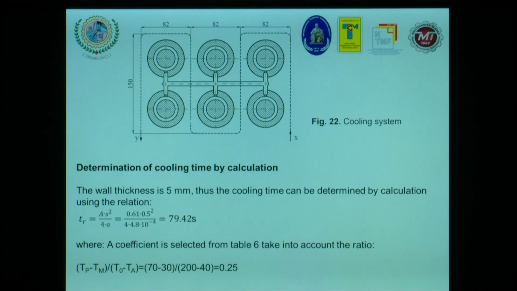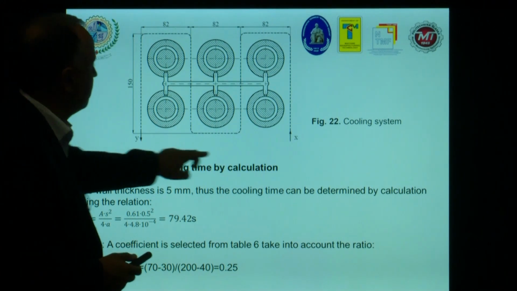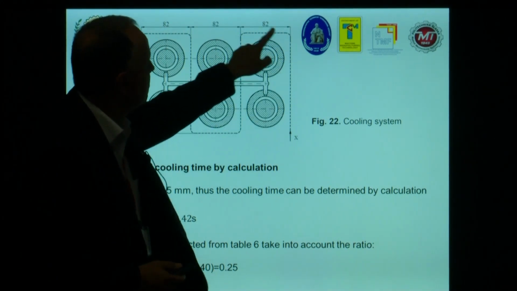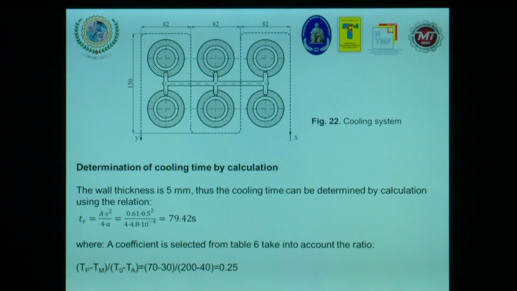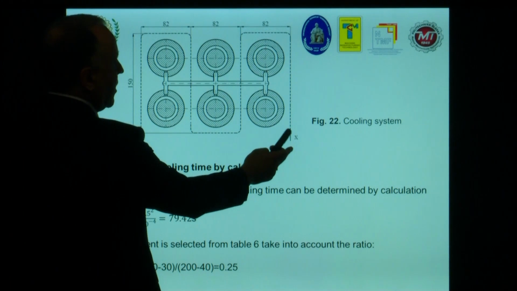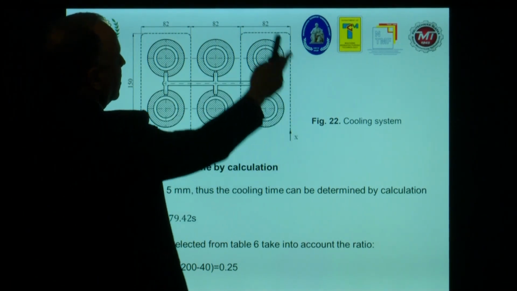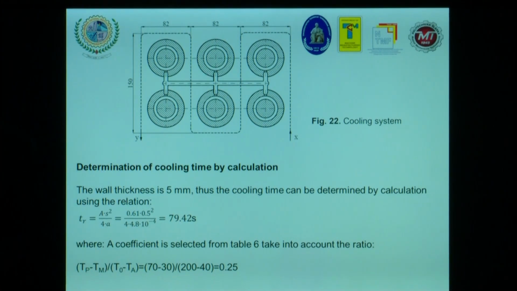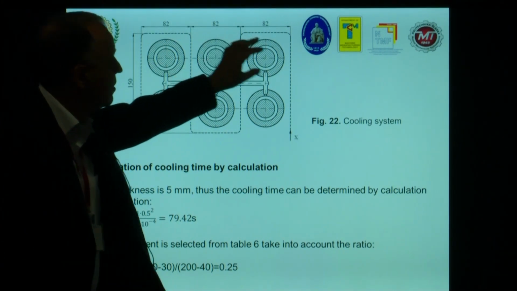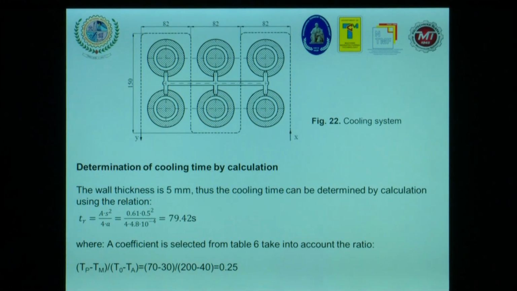And now this is the active plate. And this one represents the cooling system, I mean how to manufacture the cooling system inside of the active plate. It's important to have an entrance and an exit of the system, and to have a symmetrical one, because each cavity must have the same temperature.